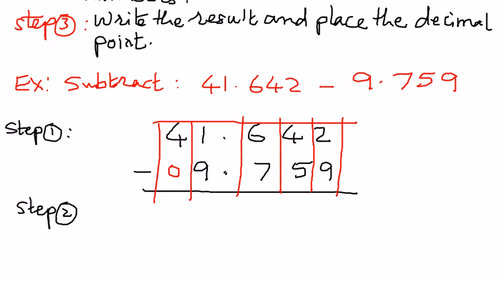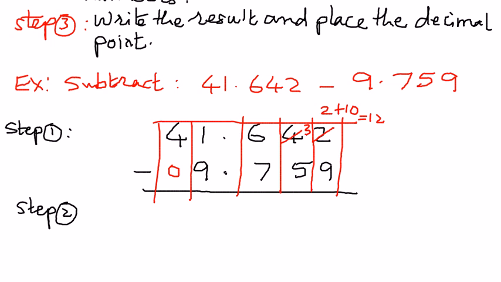Since 2 is less than 9, we're going to borrow from the next place value. So from 4, this becomes 3. We reduce that by 1, and then we add 10 to this. 2 plus 10 is going to be equal to 12. So 12 is now greater than 9.